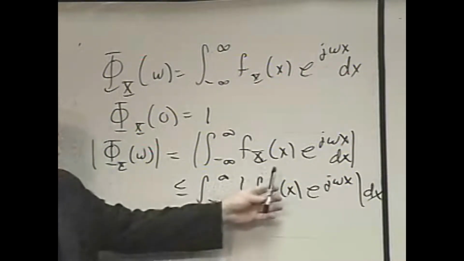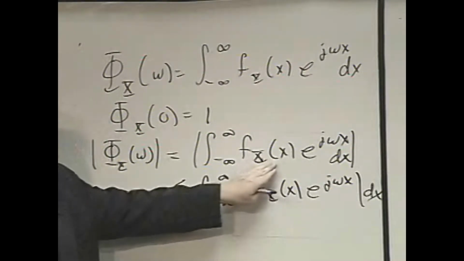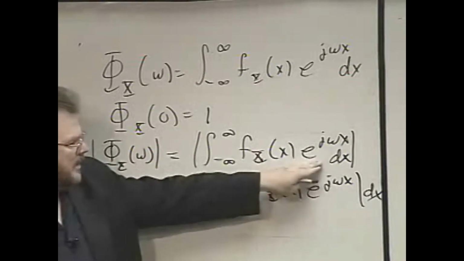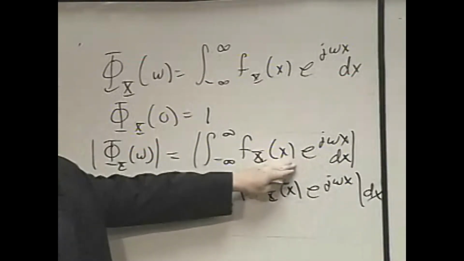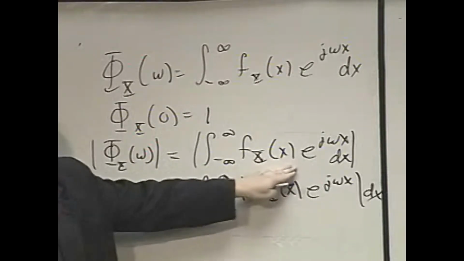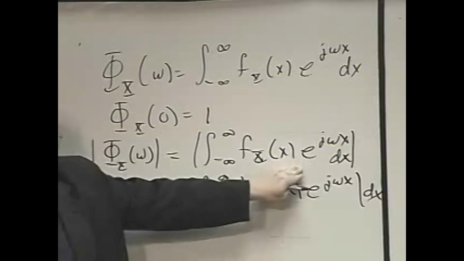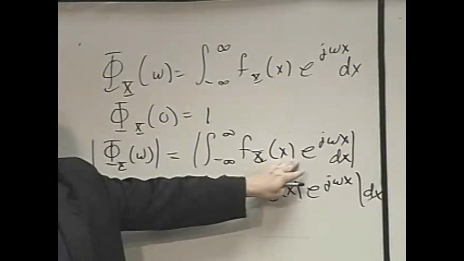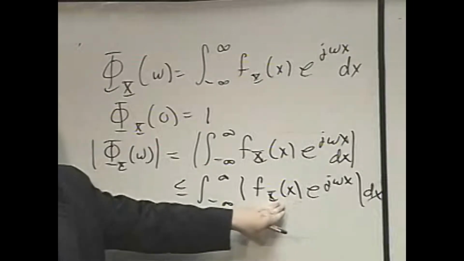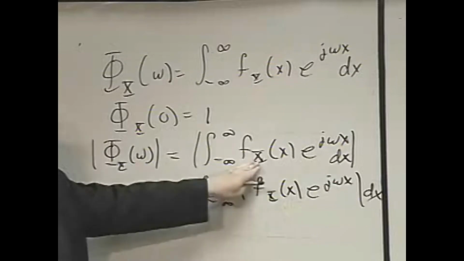This can be zero for a lot of different f's and e to the j's. In fact, the integrand just has to be something that wiggles above the axis as much as below the axis, right? So there's a number of integrands here which will integrate to zero. Whereas over here, this will never integrate to zero unless f is identically zero. Okay? So this inequality follows.